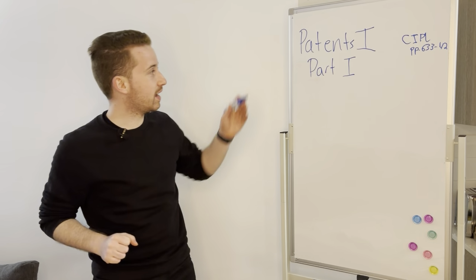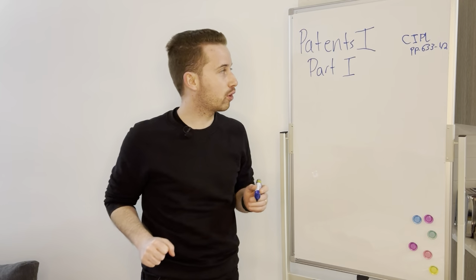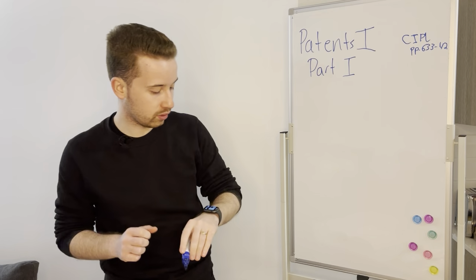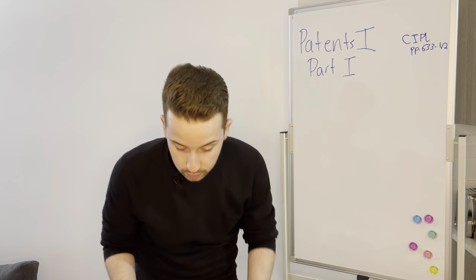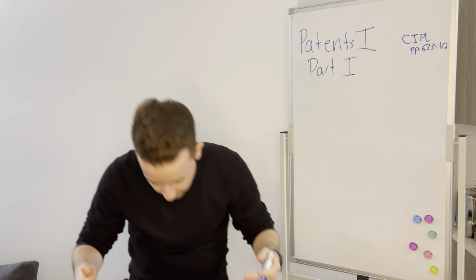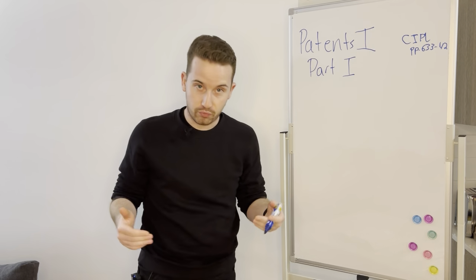Right, welcome back. This is Patents 1, Part 1, and we are in the textbook at pages 633 to 642. So this is our last section from the textbook.